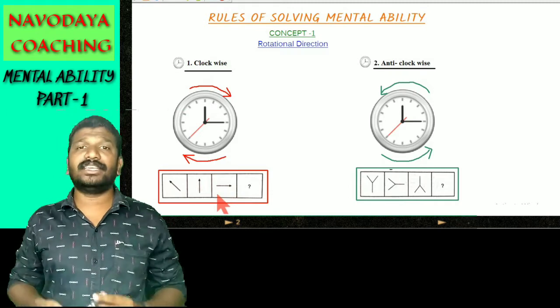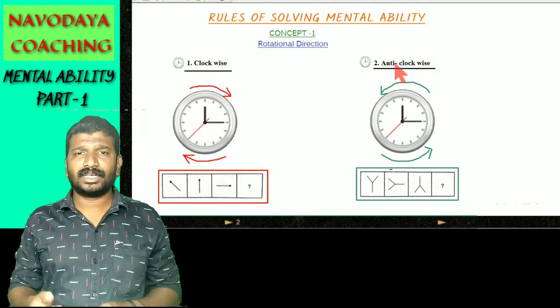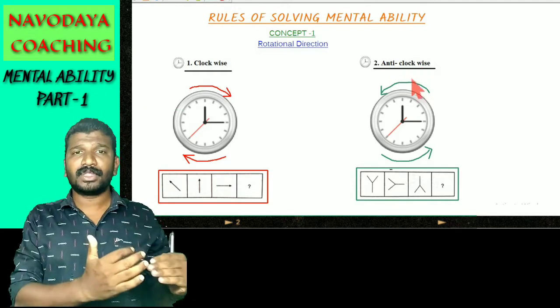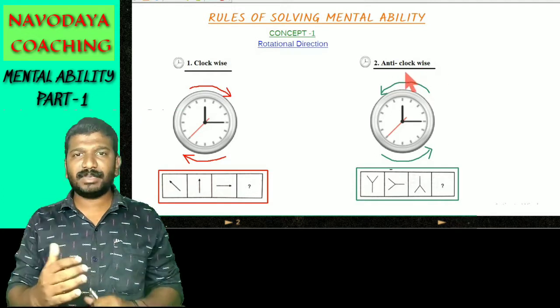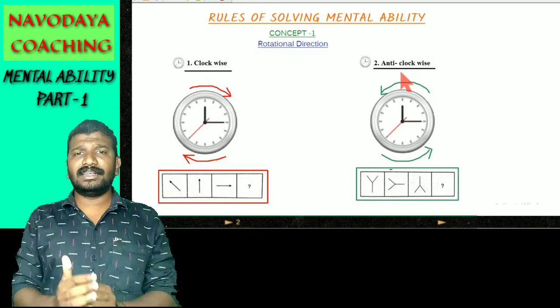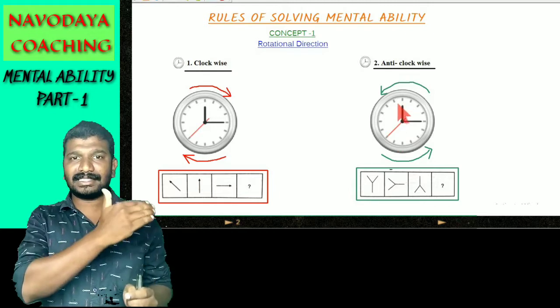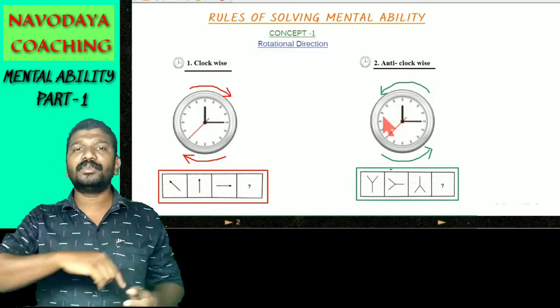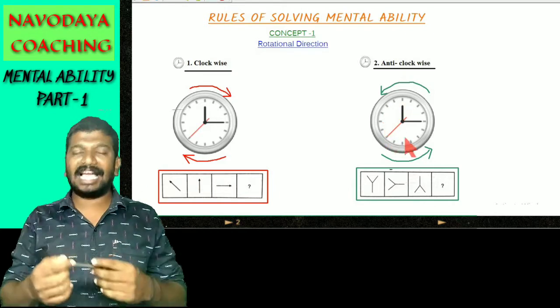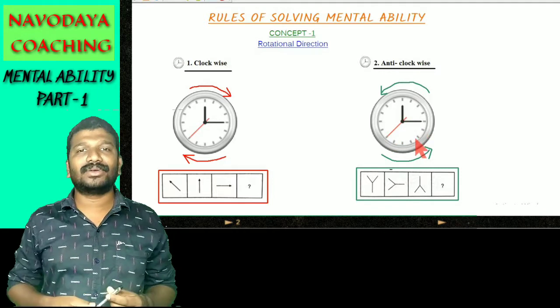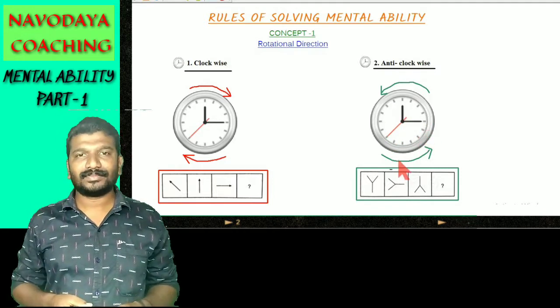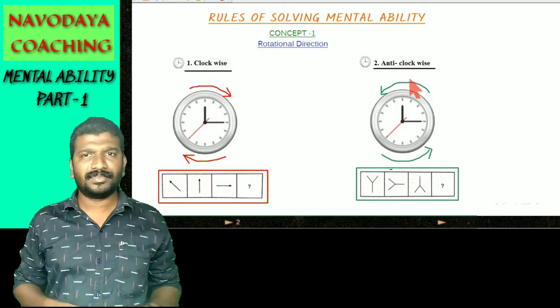Next we can check the anti-clockwise movement. Nothing but just opposite to the clockwise movement. Just imagine the second hand of the clock is moving from 12 to 11, 10, 9. That movement of the hand is called anti-clockwise movement. Here also you can see an example.